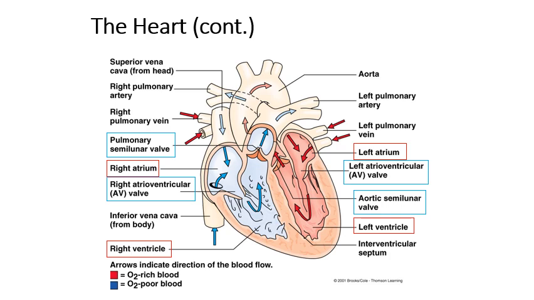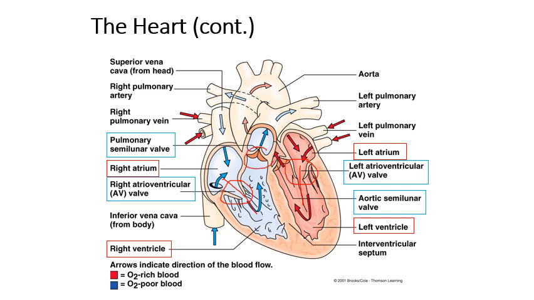You probably remember these valves from your anatomy days. You've got the right AV valve, or the tricuspid valve. You've got the left AV valve, or the bicuspid valve. These are between the atrium and the ventricle. Whereas you have the semilunars.